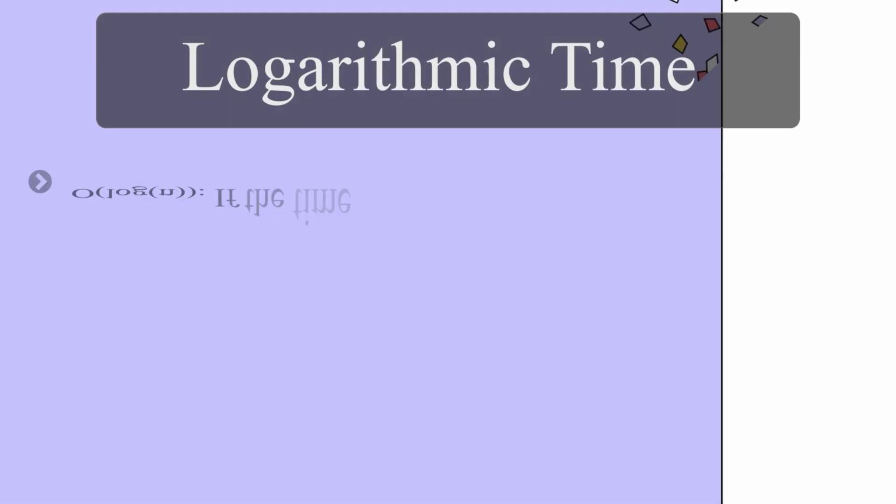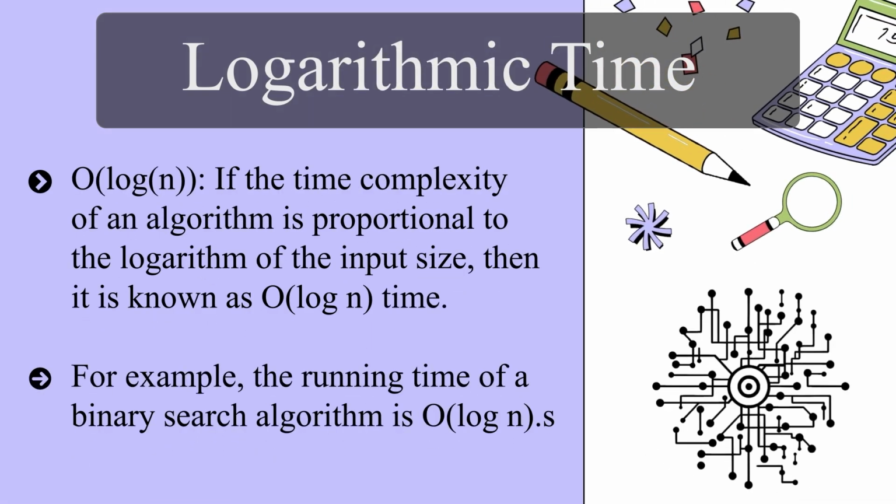Now, another important time complexity is logarithmic time. It is written as order log of n. If the time complexity of an algorithm is proportional to the logarithm of the input size, then it is known as order log n time.